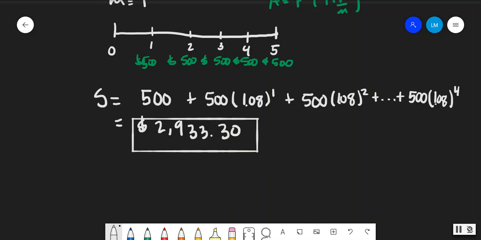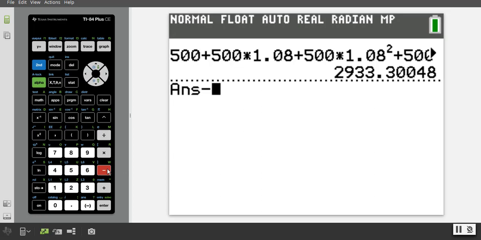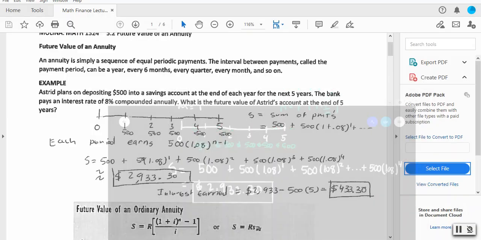Now we need to figure out how much interest was earned. You made 1, 2, 3, 4, 5, so 5 different deposits.